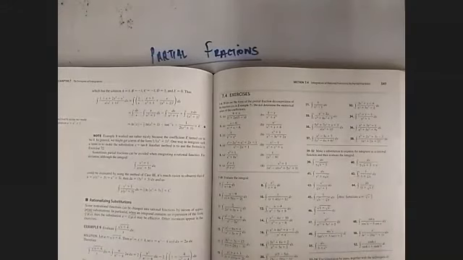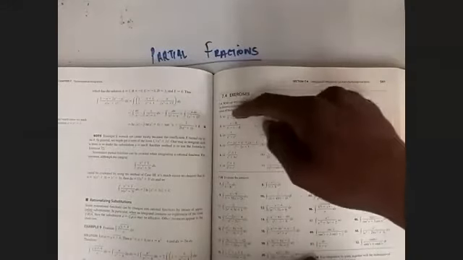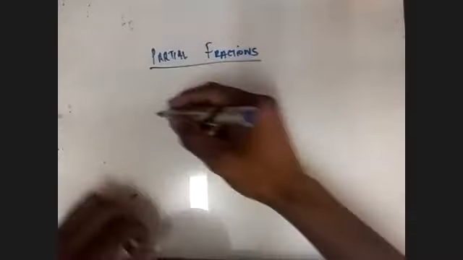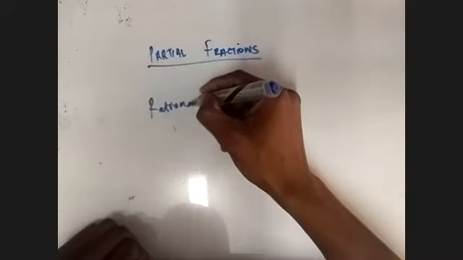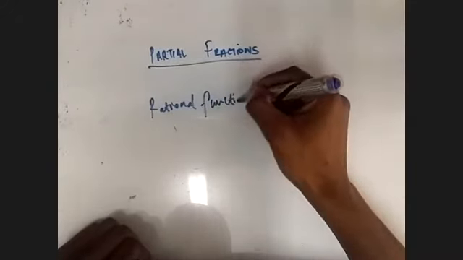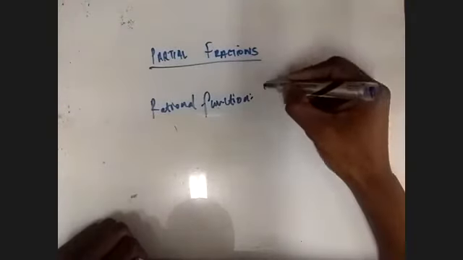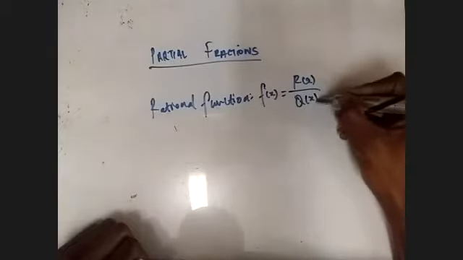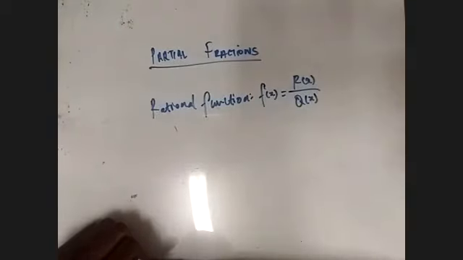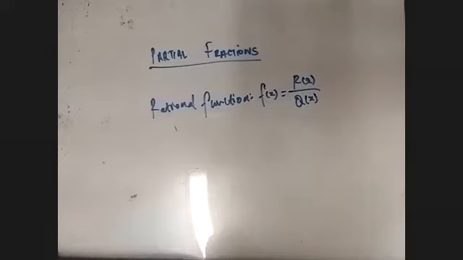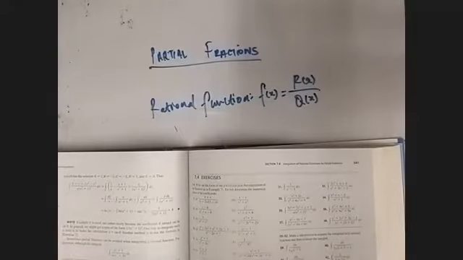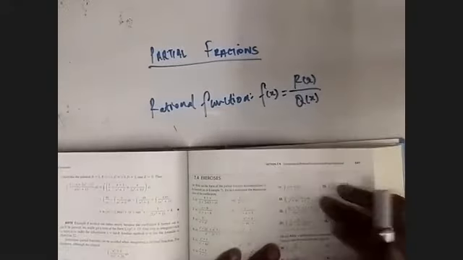A rational function is a function which has some function all over another function, which is what we were writing. A rational function is given by f(x) equals a function all over another function, and both these functions are called polynomial functions, okay? So we need to know how to decompose a rational function, sorry.